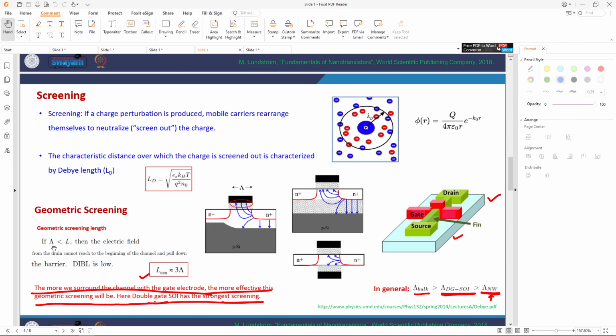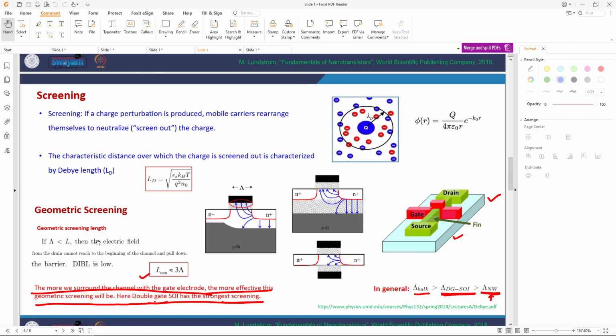Essentially, lambda, the gate length, which is also the channel length, should be greater than the Debye length. Because at the Debye length, screening starts happening. Greater than that, screening effects are very strong.